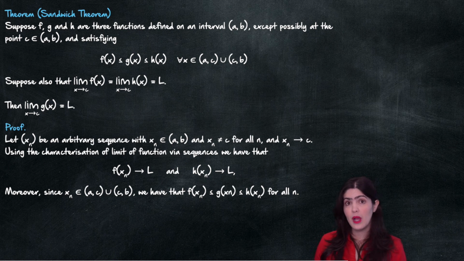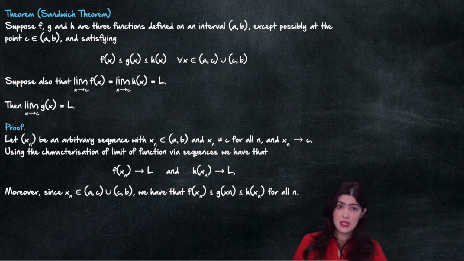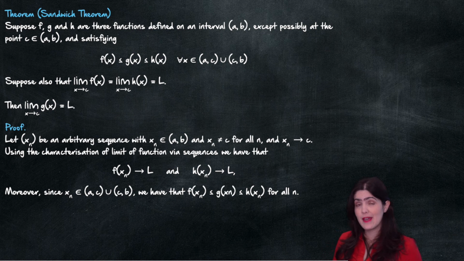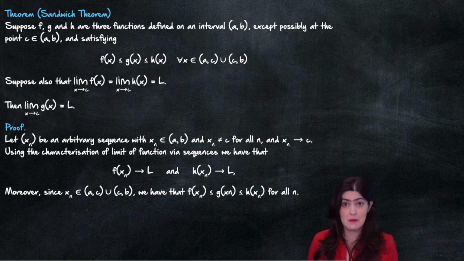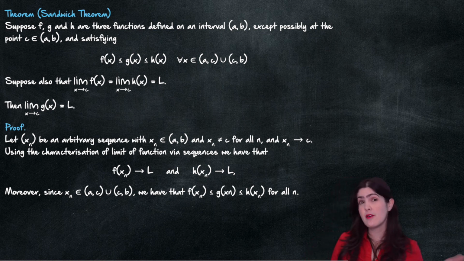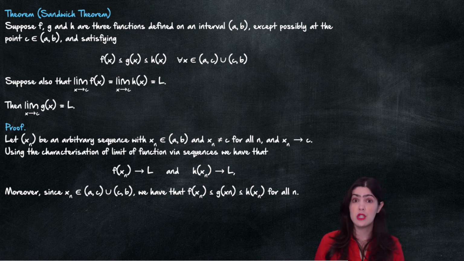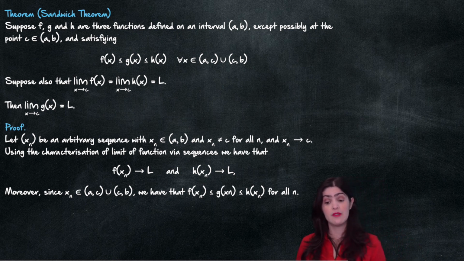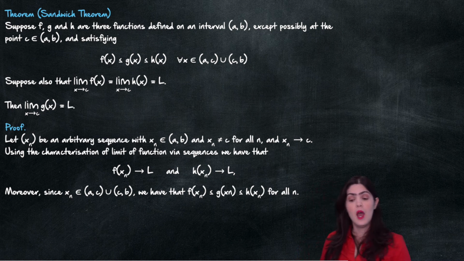And, because the xn's are in this interval (a, b), we have that same inequality that was given in the statement of the theorem. So we have that f of xn is less than or equal to g of xn less than or equal to h of xn for all n. Now we have exactly the conditions that we need for the sandwich theorem for sequences.